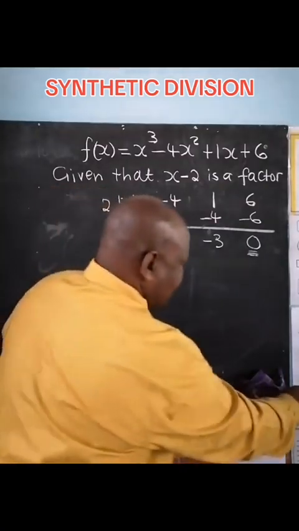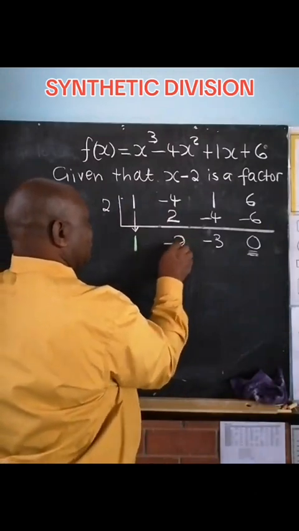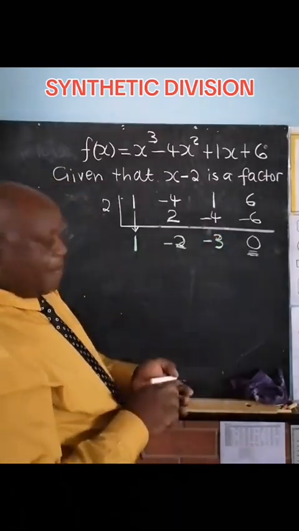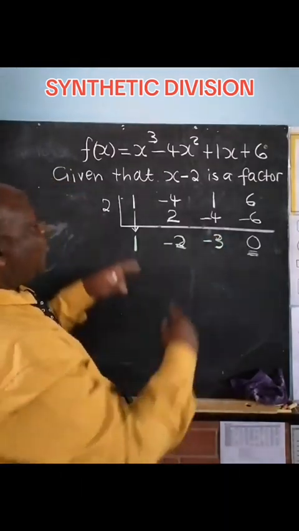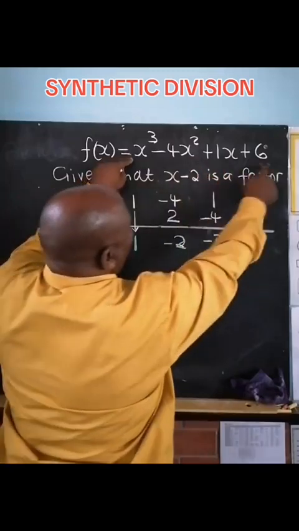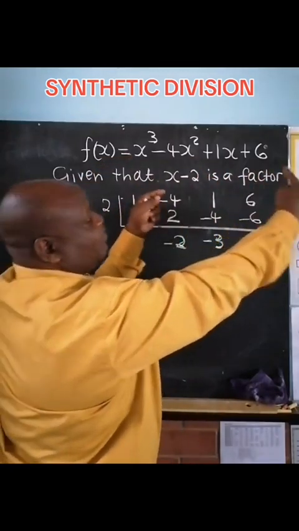And these constants now, 1, negative 2, negative 3, become my coefficients of the quadratic factor. Remember, a cubic function is comprised of a linear factor and a quadratic factor.